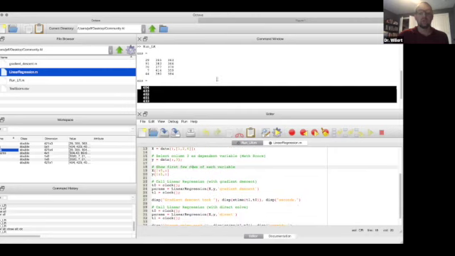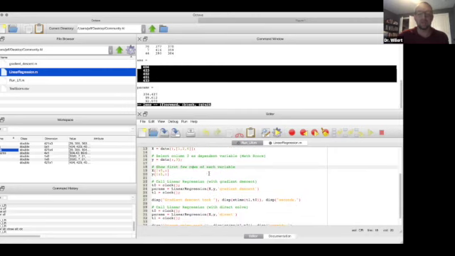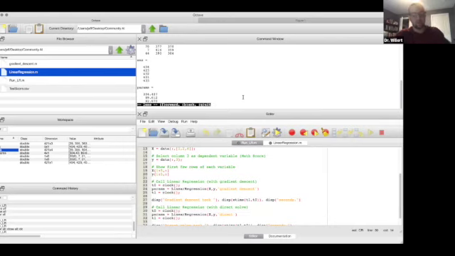Then I've asked MATLAB to solve this linear regression problem using both gradient descent and a different methodology, a direct method that you'd learn about in linear algebra, and compare how much time it takes each to solve it. You'll see that the two methods came up with the same solution.